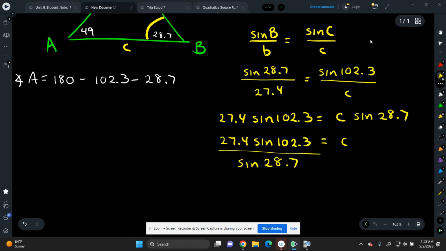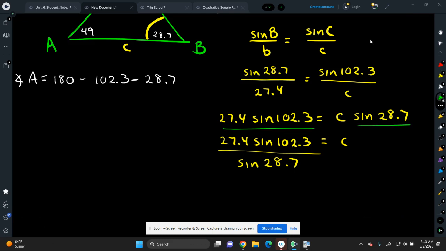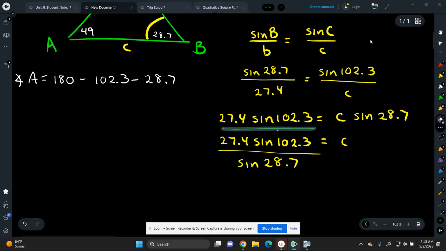Notice that I am not calculating these values yet because I don't want to round early, because that will affect my answer. I'm going to leave them uncalculated until the very end.